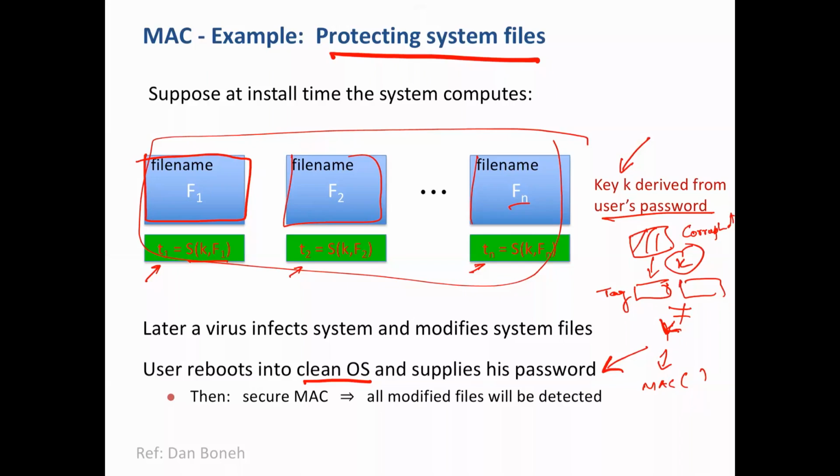Now if the tag is also changed by a virus, then obviously the chances that it will be the same as the tag generated by the key using this method are very, very small, because in a MAC a single bit change makes a huge change in the output, and it also has to be done exhaustively, right? Because as we have seen, it has to generate all possible combinations for these two tags to match. So it's not a possibility. Hence the corrupted files can be detected by this method.